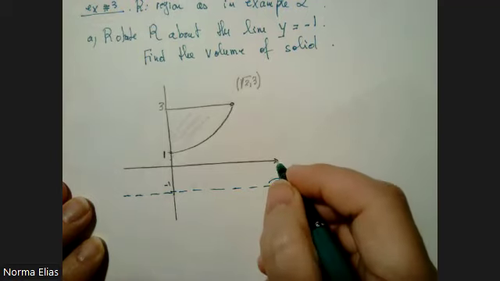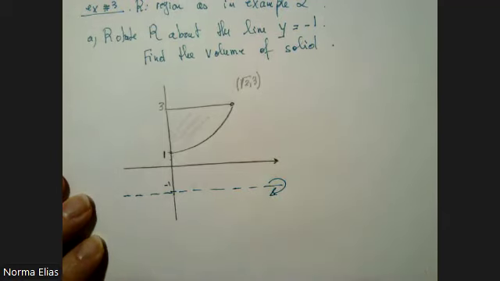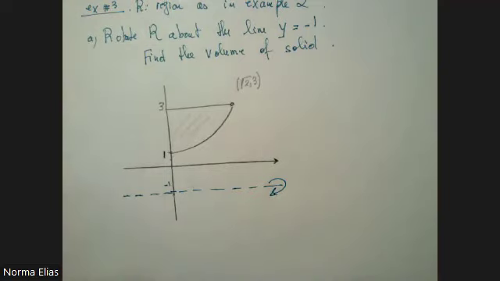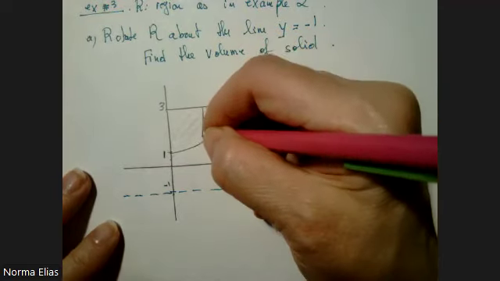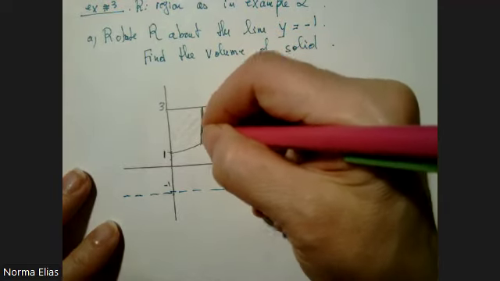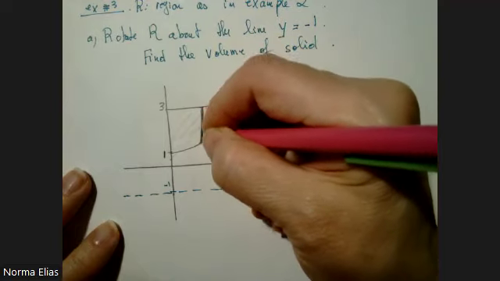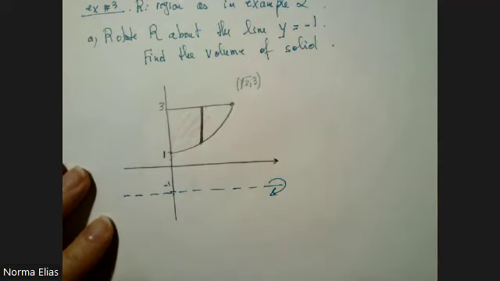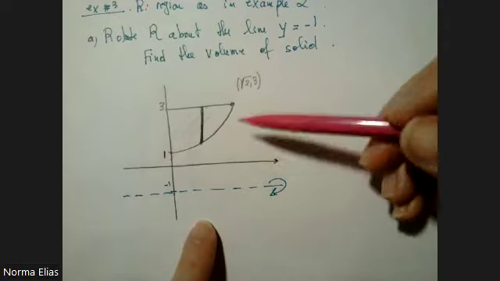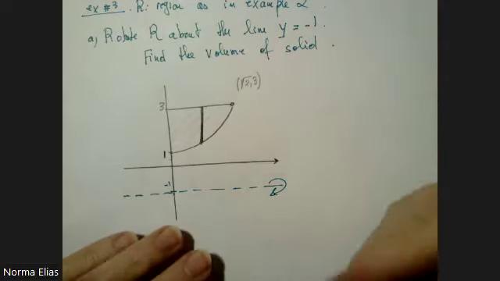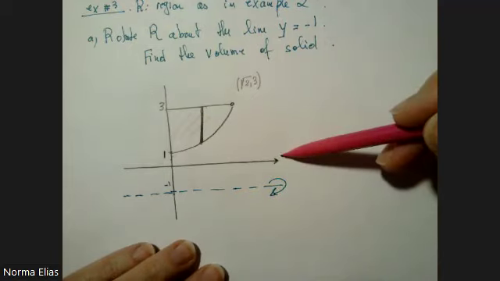So I'm not rotating about the x-axis. I'm rotating around that axis. But the idea is the same. I cannot really change the idea. The idea is really verbatim the same. I'm going to take a piece here and rotate it about that. So in a way, the hole inside is going to get larger compared to the rotation about the x-axis.